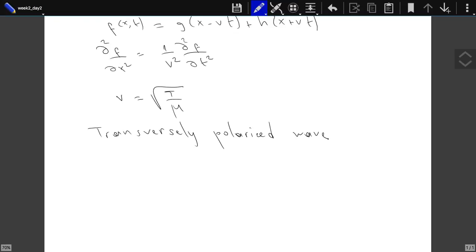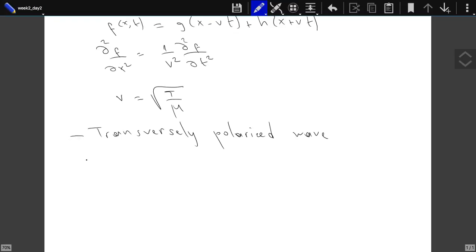So both of these polarizations are perpendicular to the string, but the wave moves along the string. There is the propagation direction of the wave, which is given by the velocity of the wave, and then there is the direction of the disturbance. If these two are perpendicular to each other, then we call it a transversely polarized wave. So this is one kind of wave.